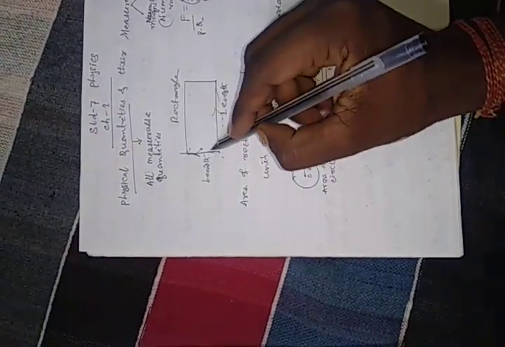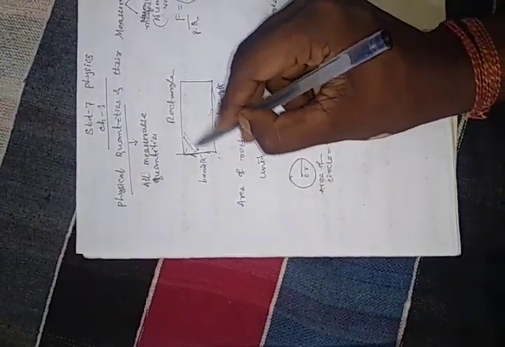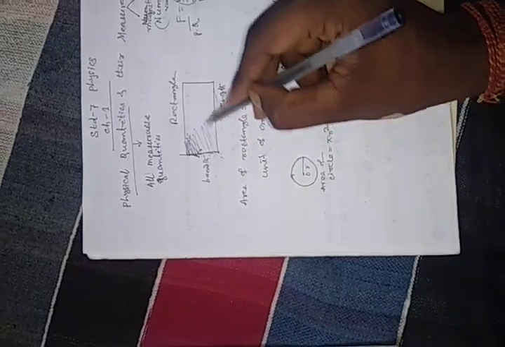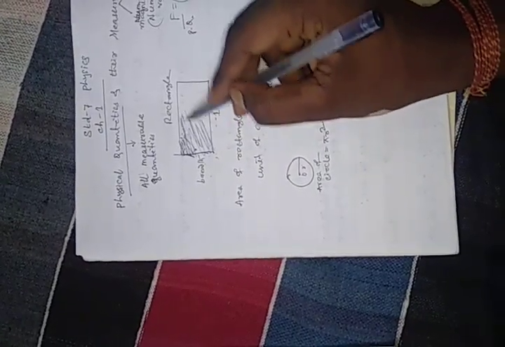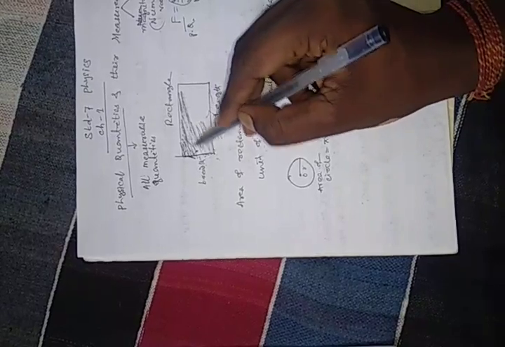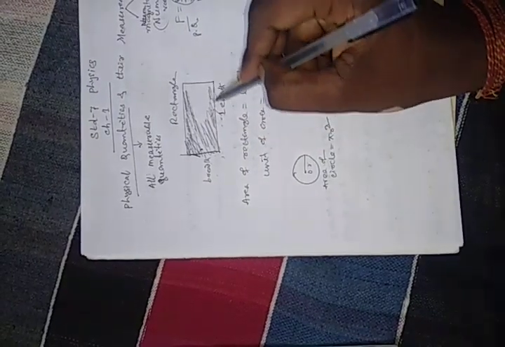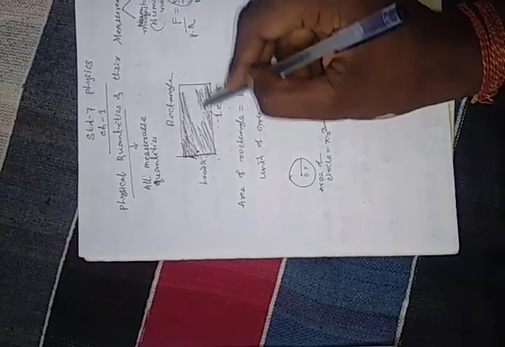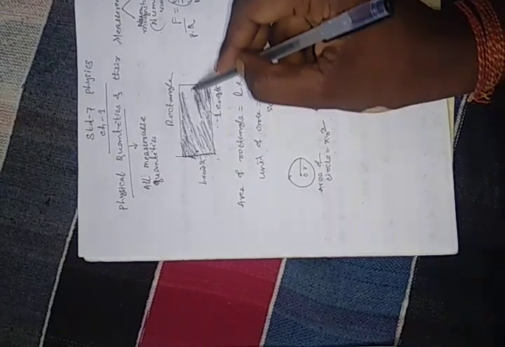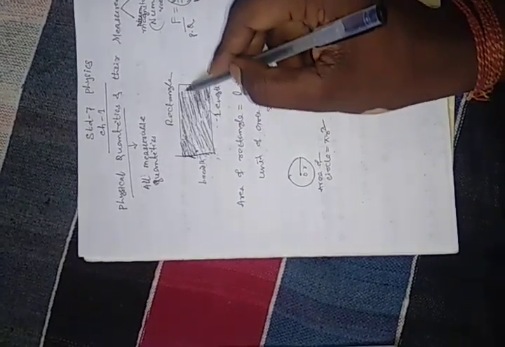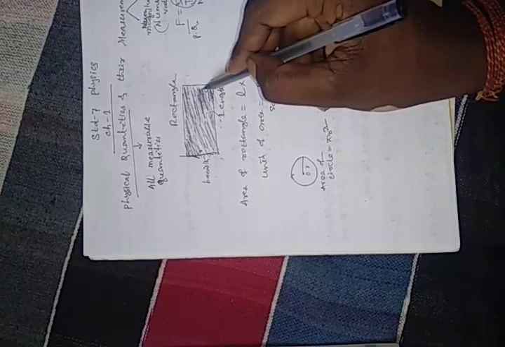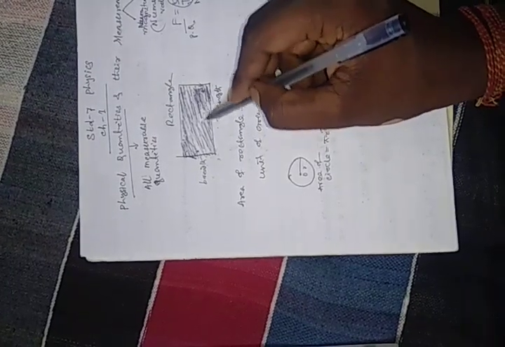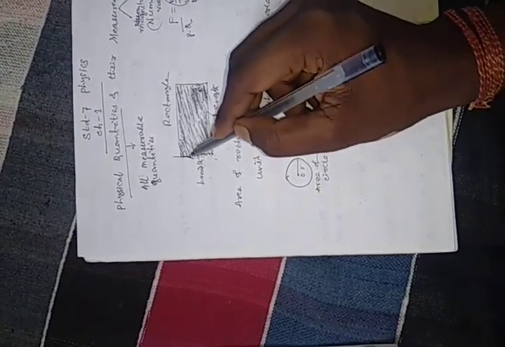Let us see. The shaded part represents the area enclosed within the boundaries of the two-dimensional figure, that is the rectangle.